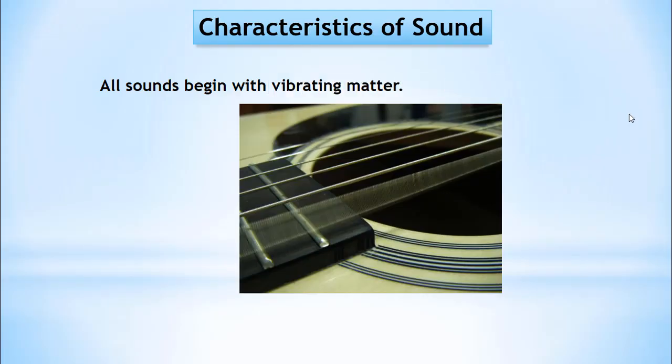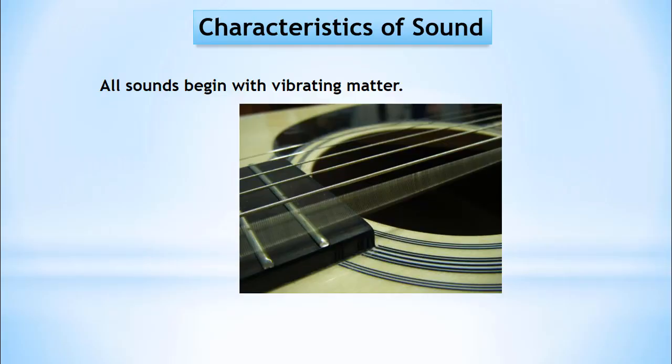All sounds begin with vibrating matter. The sound is produced when something vibrates, or you can say when there is vibration, there is sound. I am speaking and my voice is produced due to the vibration in my vocal cords.